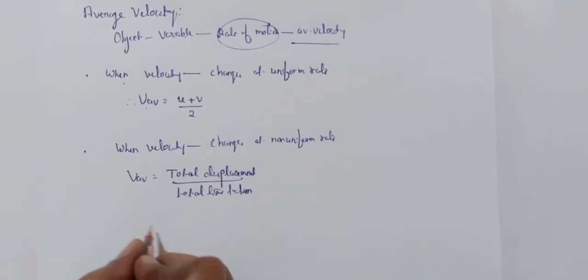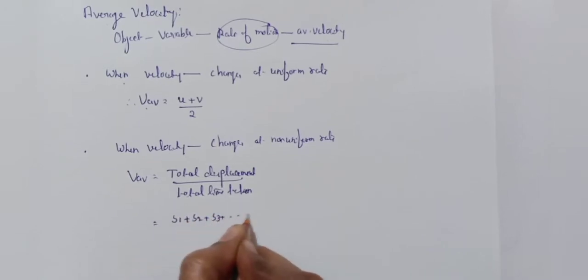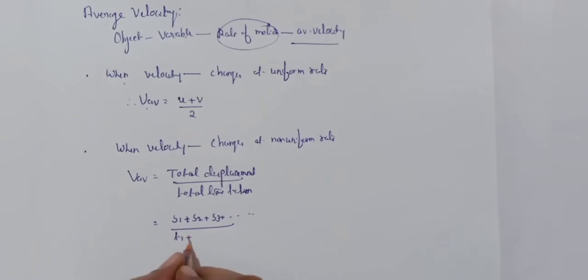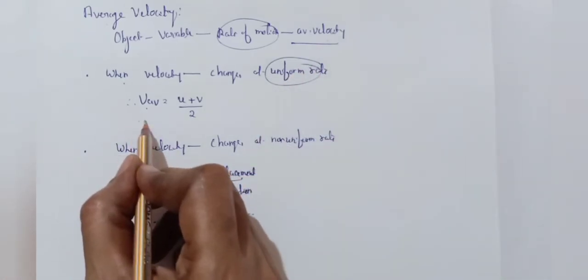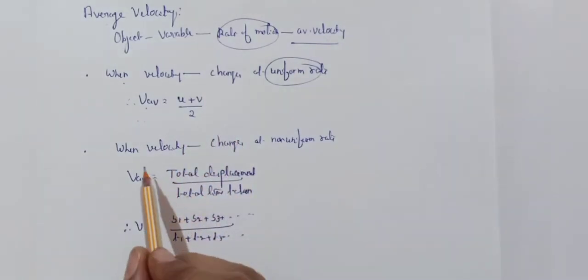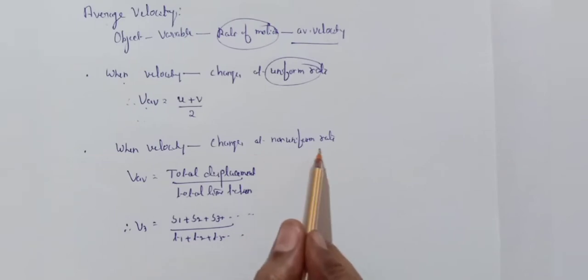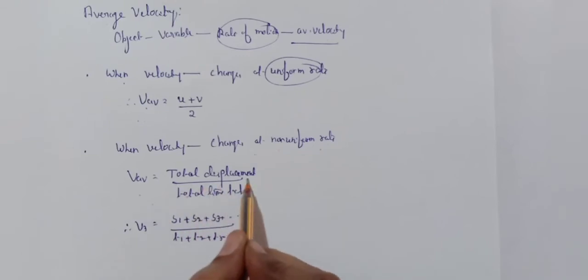So the total distance is given by S1 plus S2 plus S3 and the total time as T1 plus T2 plus T3. So when the velocity of an object changes at a uniform rate, then the average velocity is defined as the arithmetic mean of initial and the final velocity, and when the velocity changes at non-uniform rate, then the average velocity is defined as the ratio of total displacement to the total time taken.